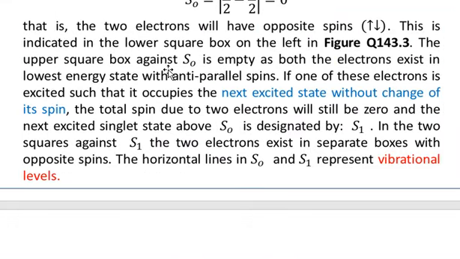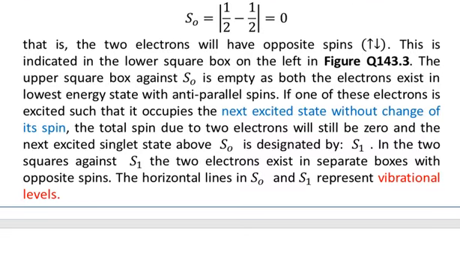If one of these electrons is excited such that it occupies the next excited state without change of its spin, that is, both would have anti-parallel spins, the total spin due to the two electrons will still be 0. And the next excited singlet state above S0 is designated by the symbol S1.